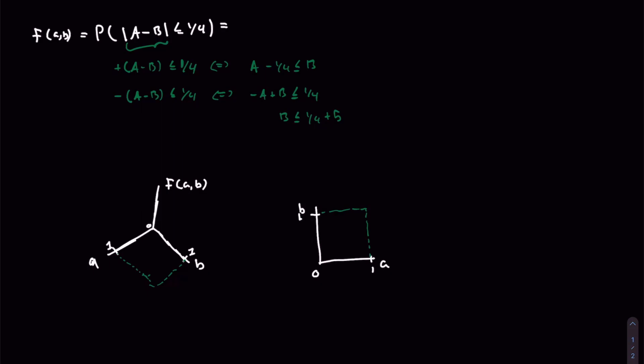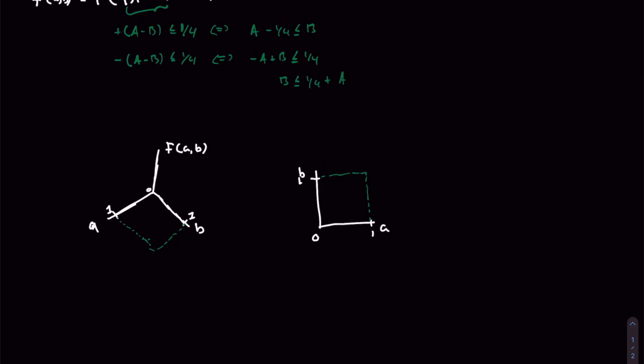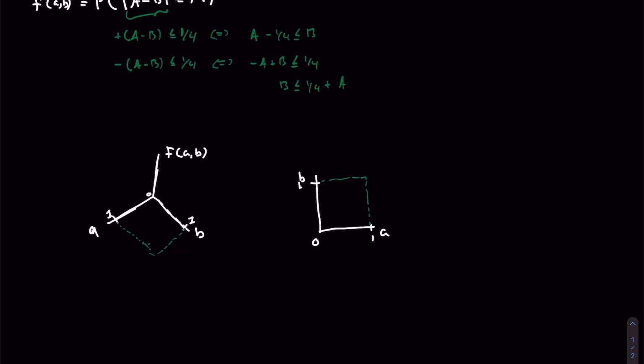And this should not be a 5. I'm not sure where it got the 5 from. Sorry about that, it should be an A. Let's draw out these two lines and see what we get. Let me start with the first one, and call this the first and this the second.